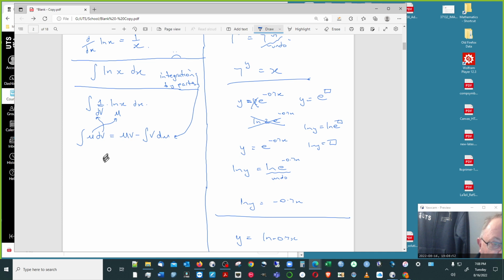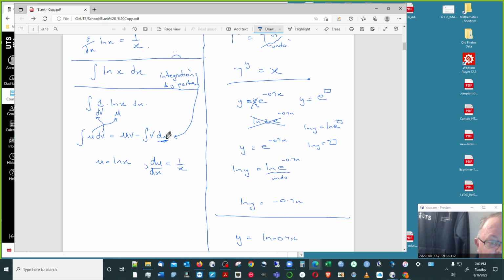Alright, so let's have a look. u is equal to ln of x. Now the equation calls for du. That's good because the derivative du/dx of the ln of x is 1 over x. That's good.